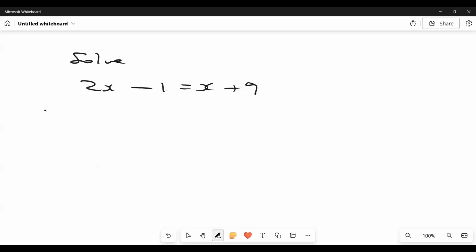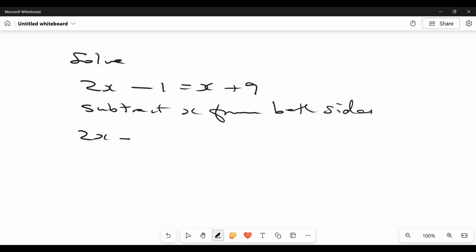So what we could do, we could get all the x's on one side. So what we need to do, we need to subtract x from both sides to get rid of this x, right? Subtract x from both sides, right? So you get 2x minus x minus 1, equal to x minus x plus 9.